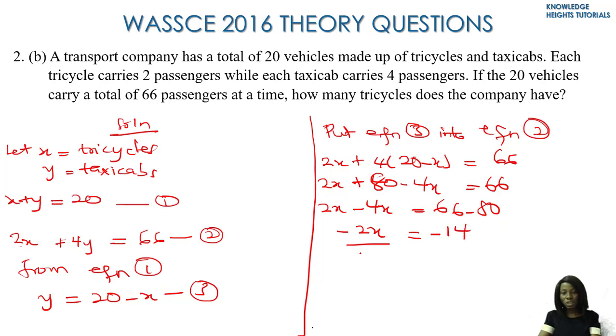Let's divide both sides of the equation by the coefficient of x. So the negatives cancel, and 2 cancels itself once and cancels 14 seven times. So x is equal to 7. So this means that the company has a total of 7 tricycles. Thank you.